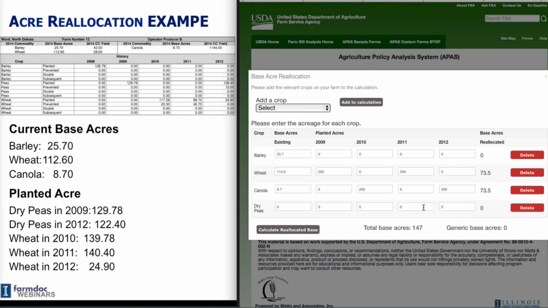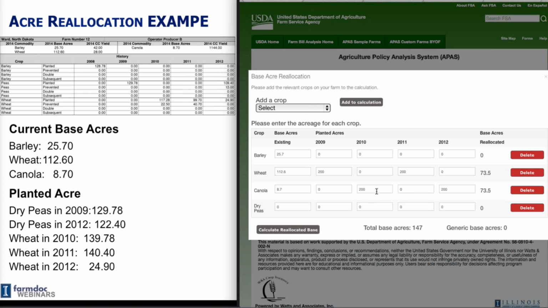The math is a lot easier here. Over the course of those 4 years, we planted a total of 800 crop acres, 400 in wheat and 400 in canola. 400 of the 800 went to wheat, so the percentage is 50%. 50% of 147 base acres is 73.5. You get the same thing for canola.